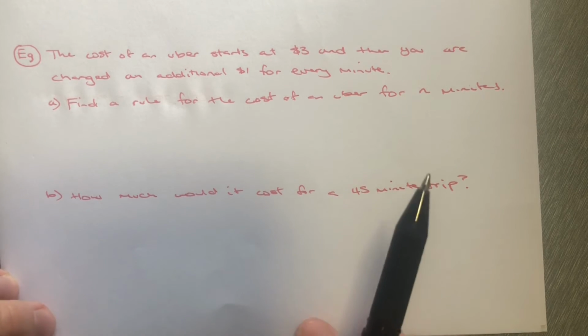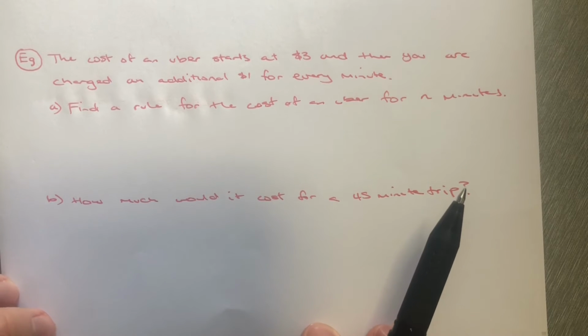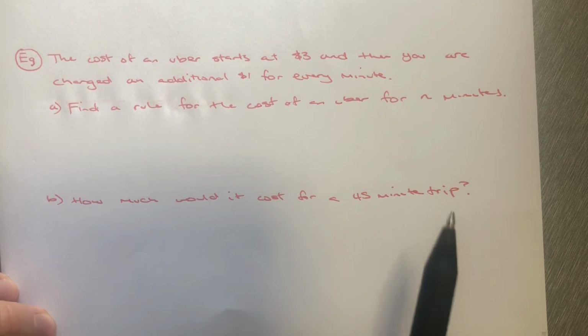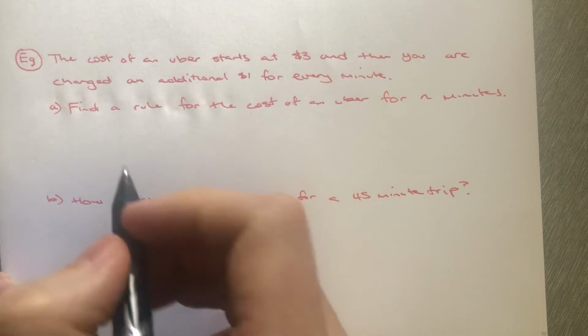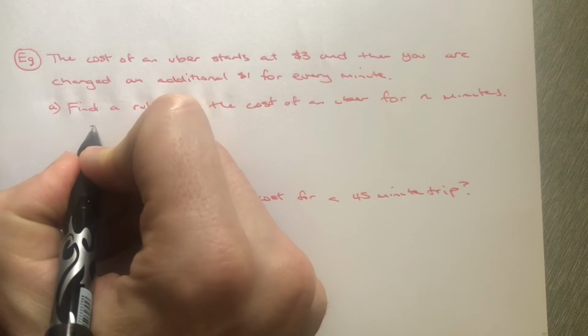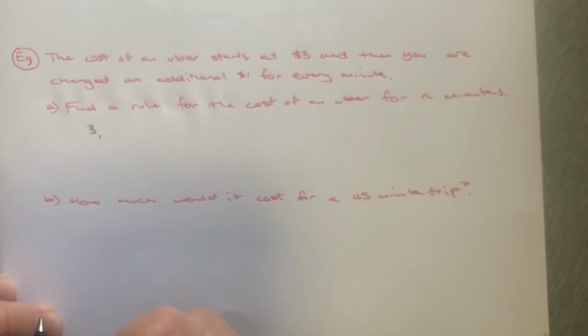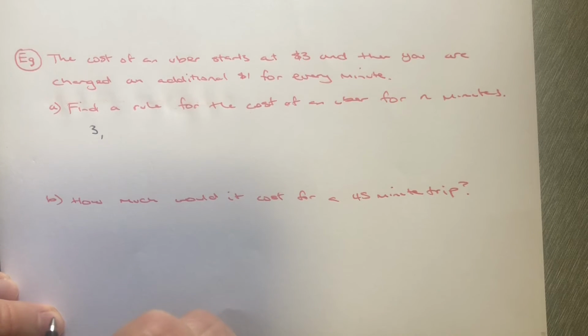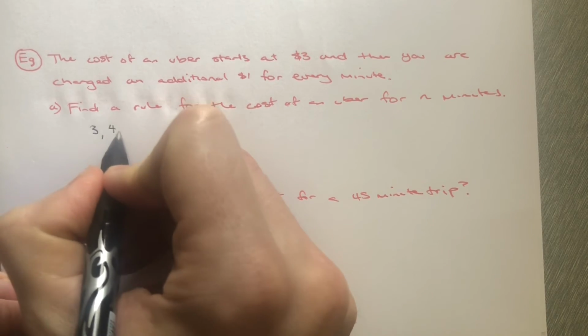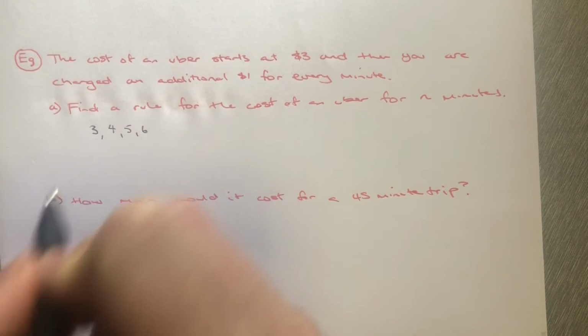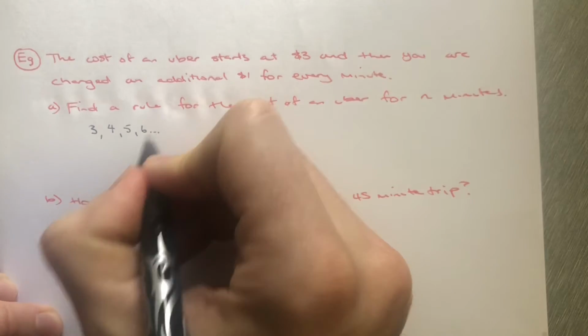Okay, so let's think about this. So if you start with $3, costing $3, the first term in your sequence is going to be 3. And then if you're adding $1 each time, that means each minute, the next minute's going to be 4, the next minute's going to be 5, 6, and so on. That'll keep going.